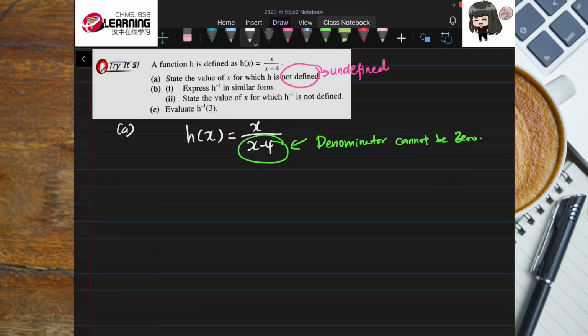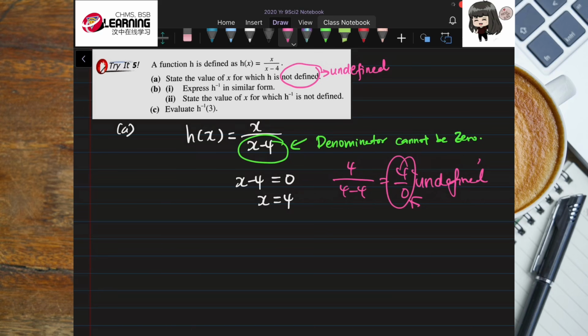So what is the value of x for which h is not defined? If x minus 4 equals 0, it means it's undefined. So x minus 4 equals 0, so x is 4. If x is 4, you go back to the denominator: 4 over 4 minus 4, which is 4 divided by 0, so it's undefined, because 4 cannot be divided by 0.